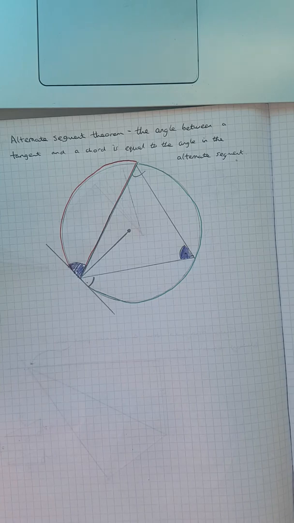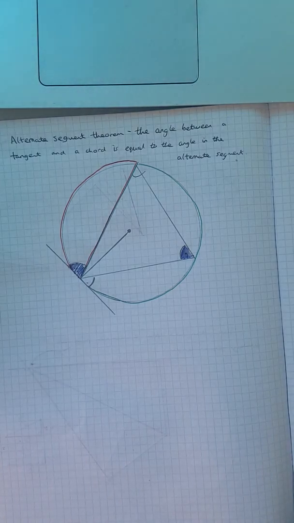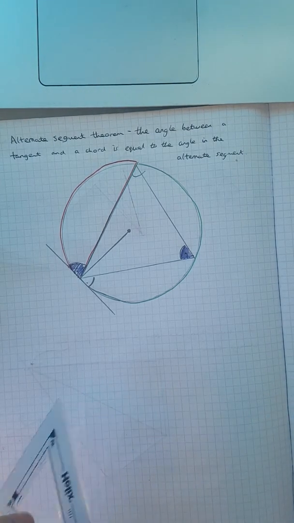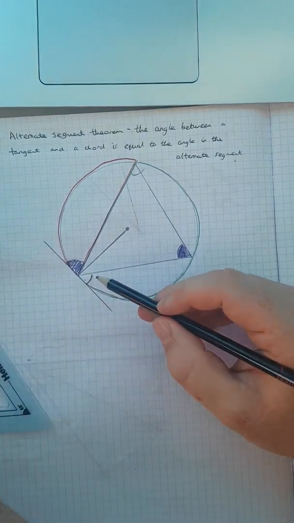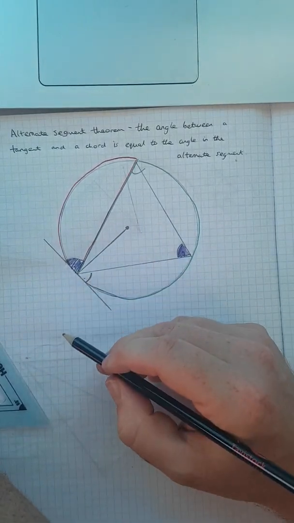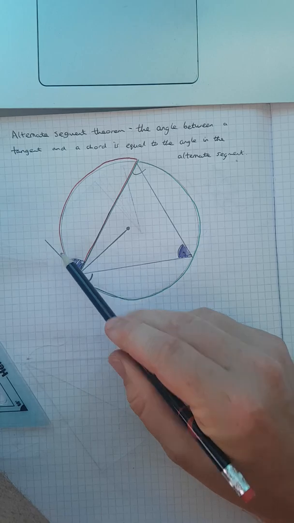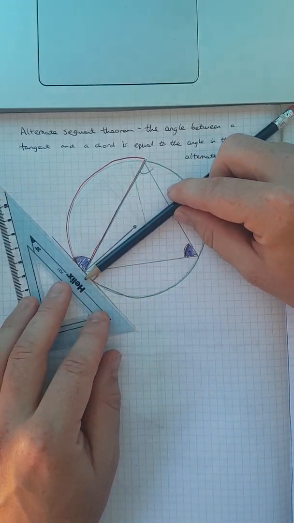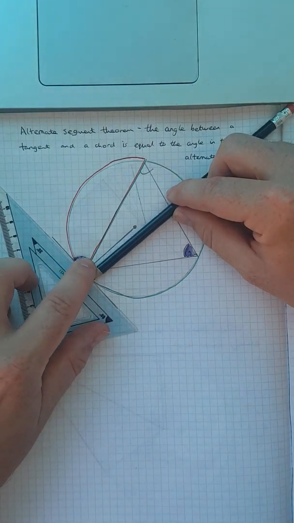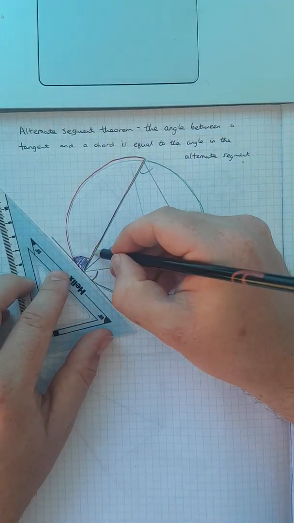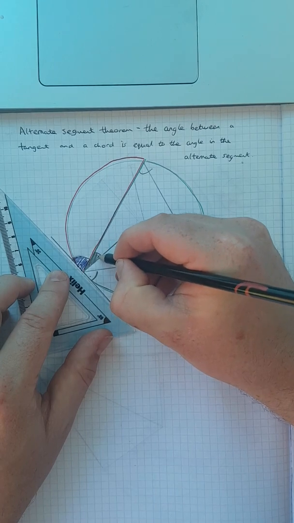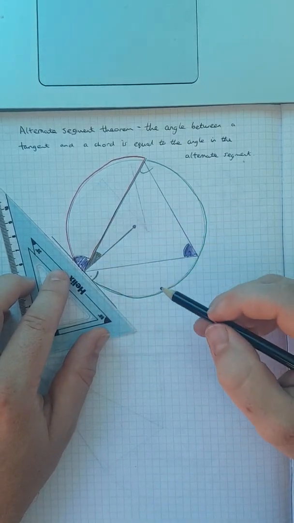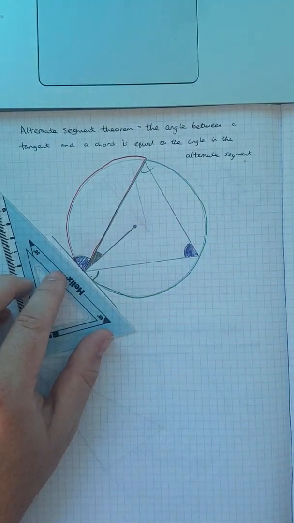Okay, those of you now with me have either just paused and tried yourself or are really not sure and want to see me talk it through with you. And that's fine too. So, what did we learn from this tangent radius that I drew? Well, we know that the tangent and the radius meet at right angles. So we know that this blue angle, add this little slither in here, add up to 90 degrees.